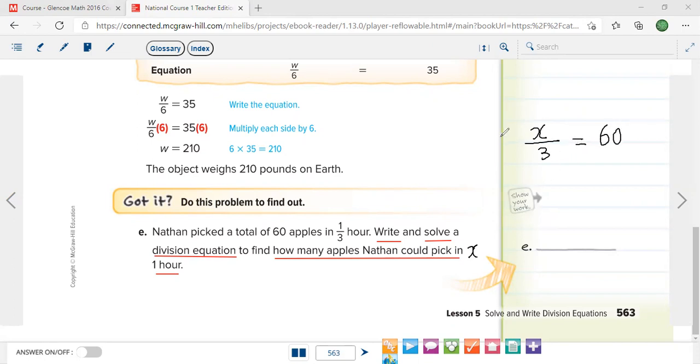That's right. This is an accurate equation. And to solve, we are just multiplying the 3 by the 60. So x equals 3 multiplied by 60, which means x equals 180 apples. He can pick 180 apples in 1 hour.